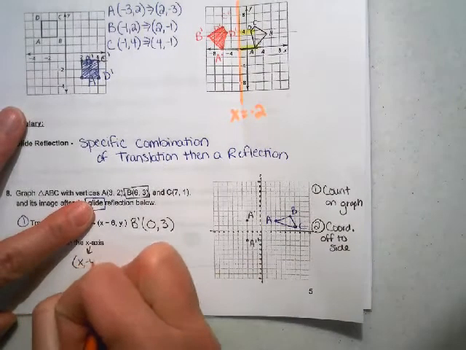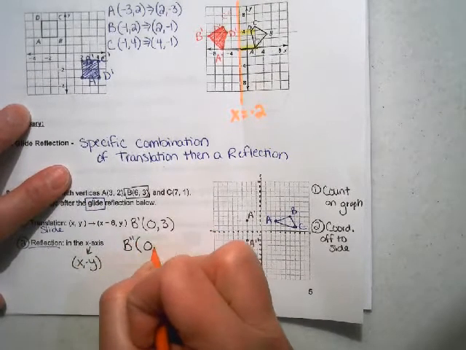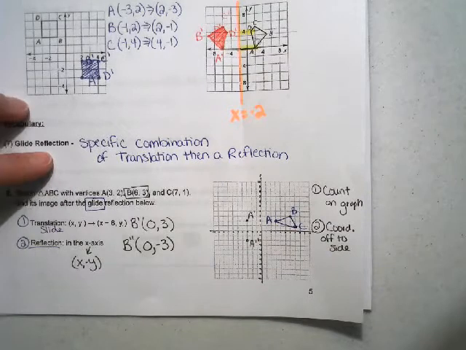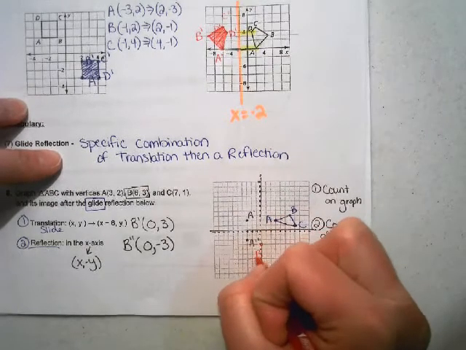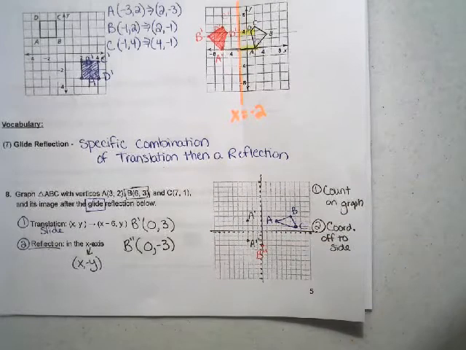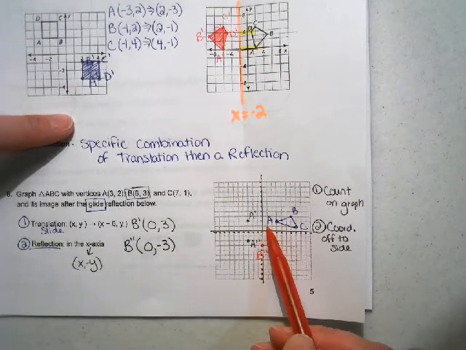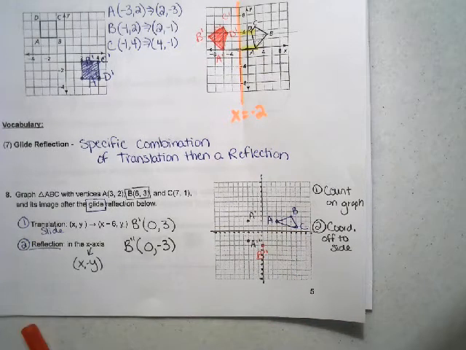Then 3 doesn't do anything. Then I'm going to reflect over the x-axis. And based on the rule up here, the x-axis basically just does the opposite of y. So B is going to become 0, -3. That's going to be my final location for B, 0, -3.